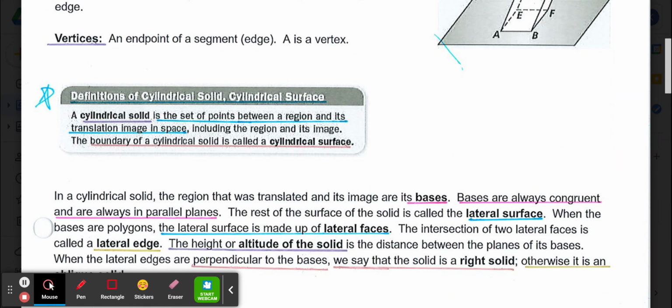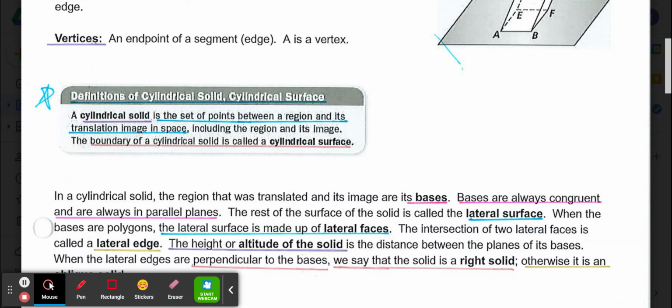The rest of the surface of the solid is called the lateral surface. So if it's not the bases and it's on the surface, we would call it the lateral surface. When the bases are polygons, the lateral surface is made up of what are known as lateral faces.